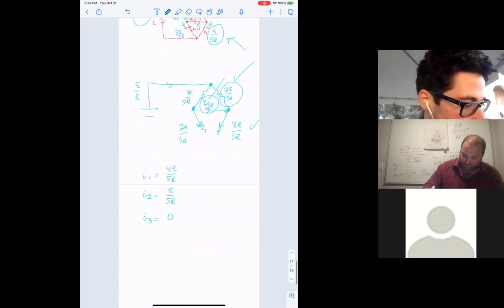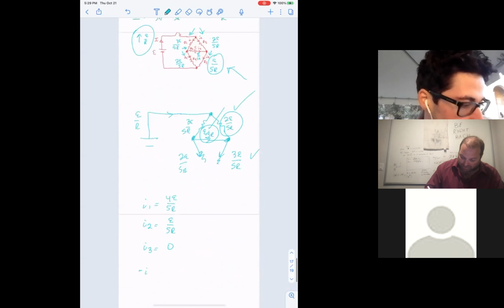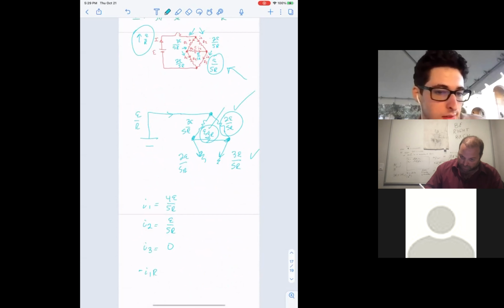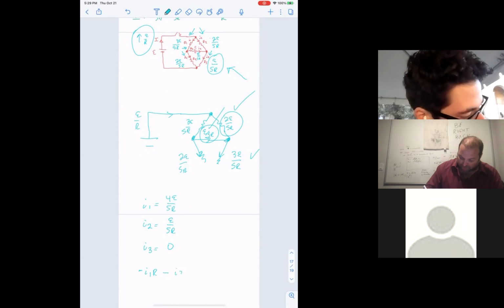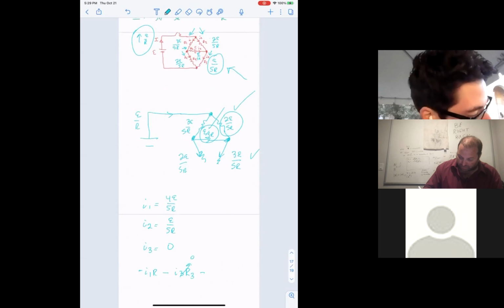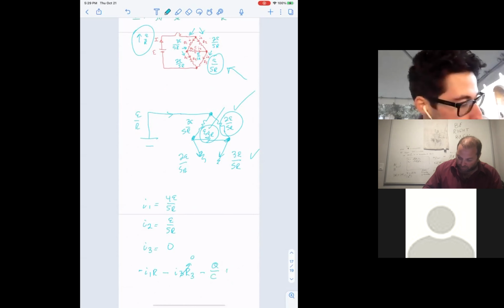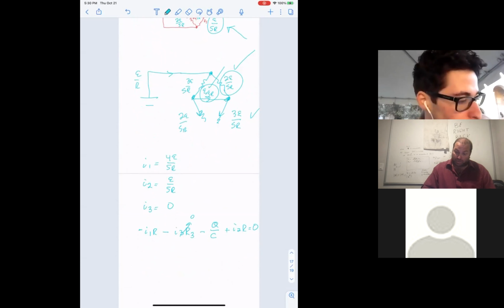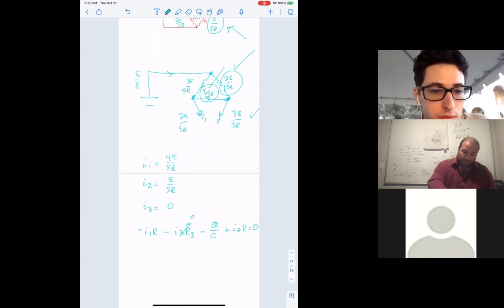Okay, great. So let's do the loop. Negative I1R minus I3R3, which is 0, minus Q over C plus I2R has to equal 0. Oh, that's it? The loop.